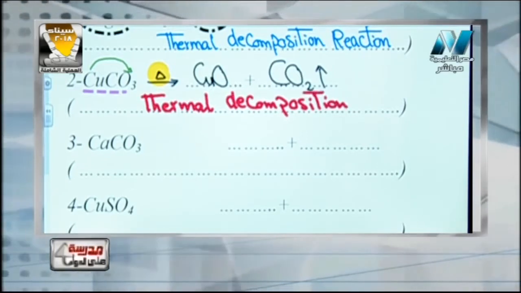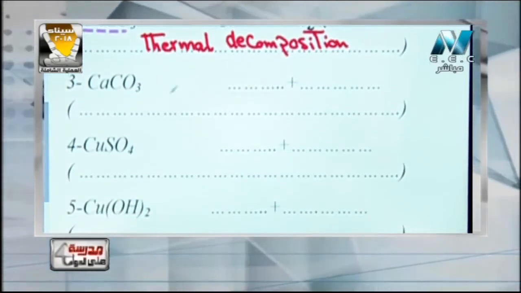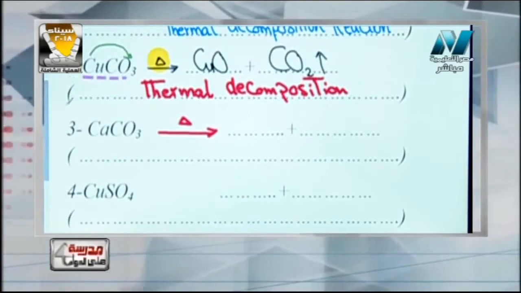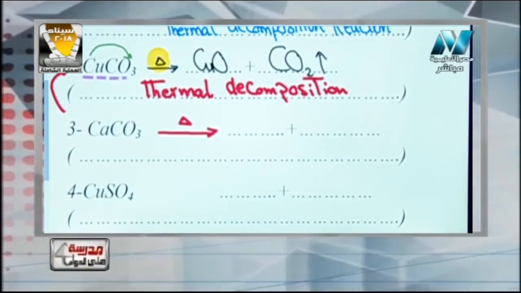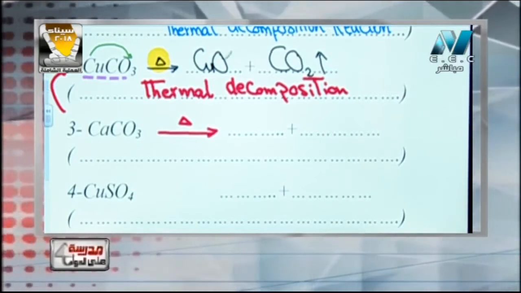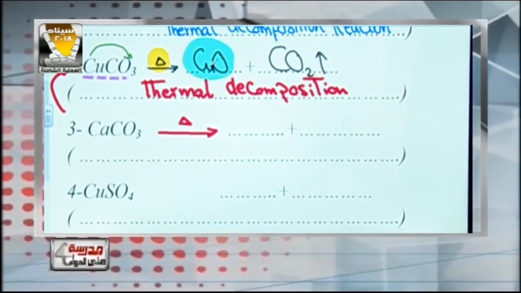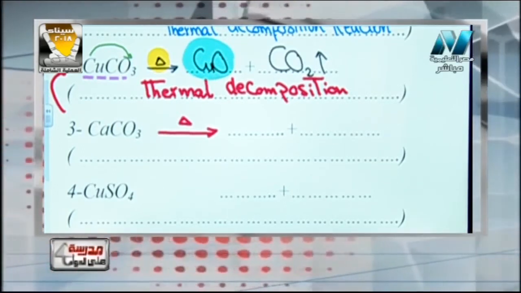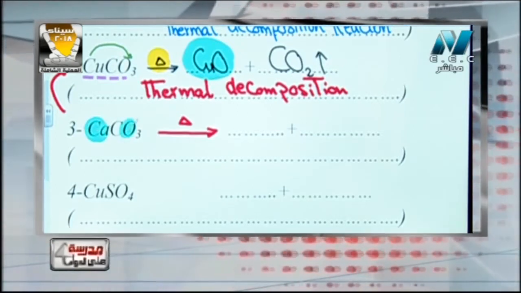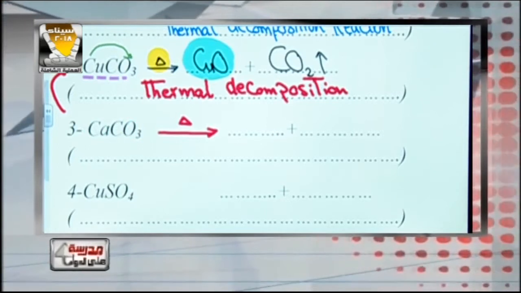Next one is CaCO3 as calcium carbonate. By heating it will decompose into what? As the previous equation with copper, copper took only one oxygen atom and left the remaining elements. Here calcium will take only one oxygen atom and leave the rest.